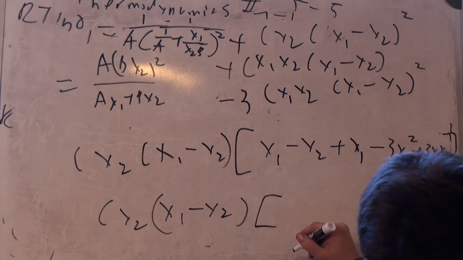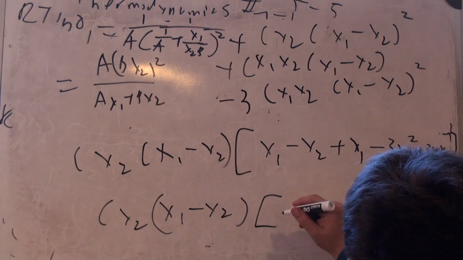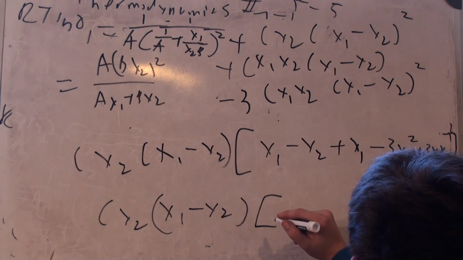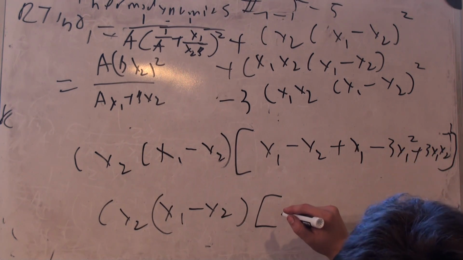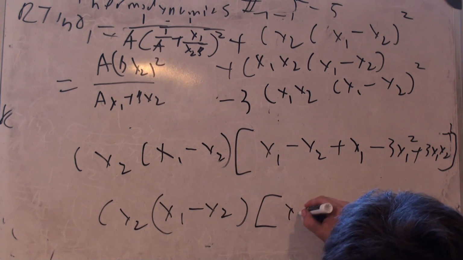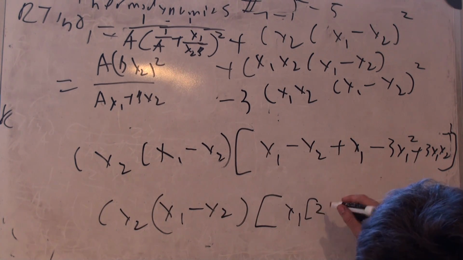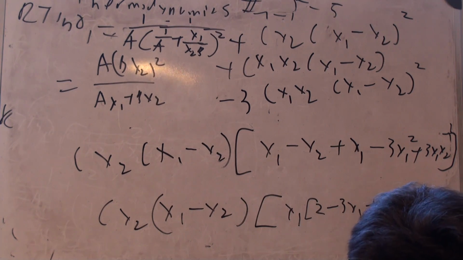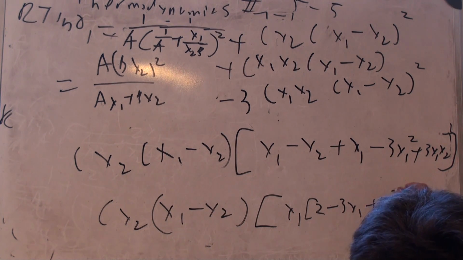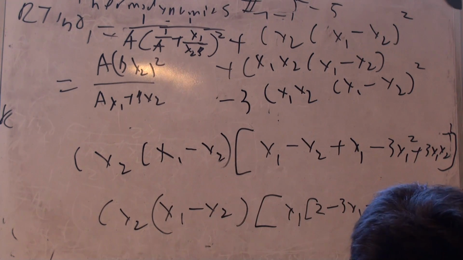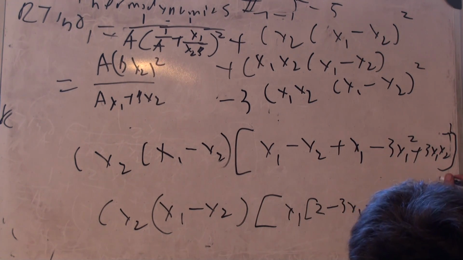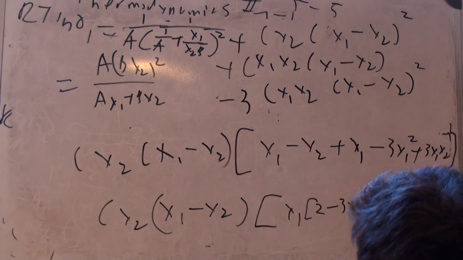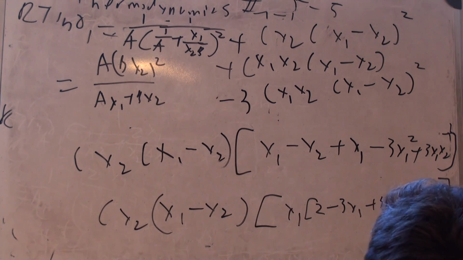Let's pull out all the x1s, I guess, because they all have x1 except for that thing. Oh, no. Yeah, can't really do that. Well, I can do this: x1, 2, minus 3x1, plus 3x2, minus x2. Yeah, that's as clean as it's gonna get, because I just can't see the pattern.